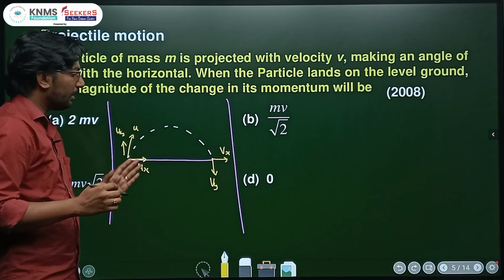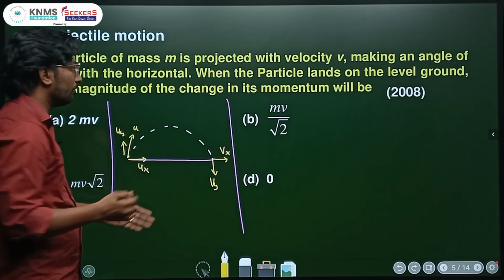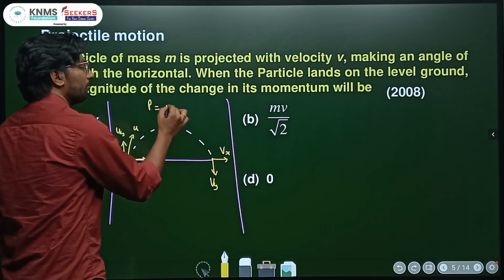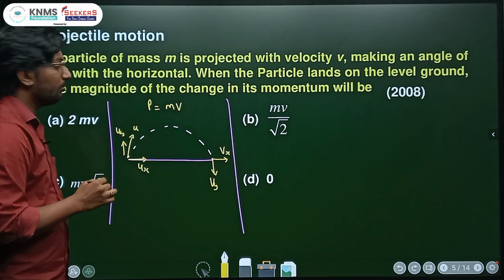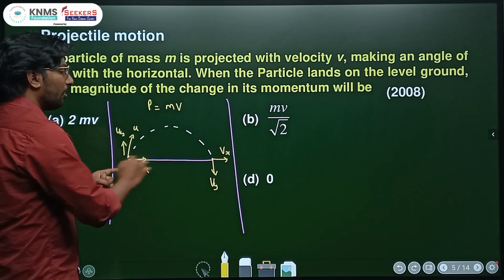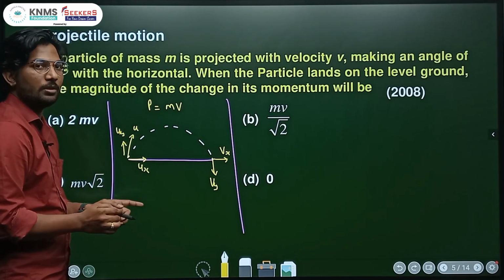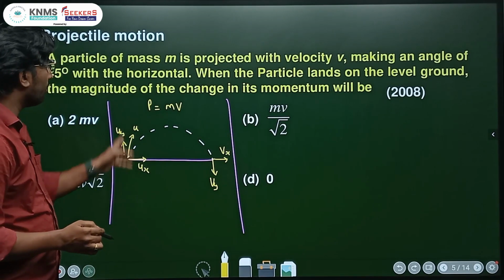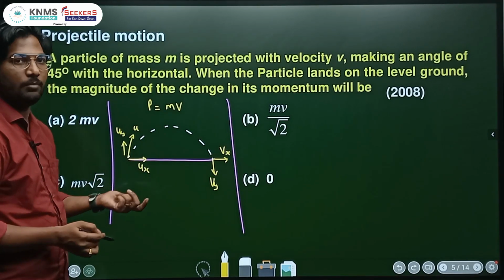Therefore, the change in momentum along the horizontal component will be 0. Before that, what is momentum? Mass times velocity, and momentum is also a vector quantity. So the total momentum change along the horizontal direction is absolutely 0. If we verify only the vertical direction momentum change, that will be more than enough.